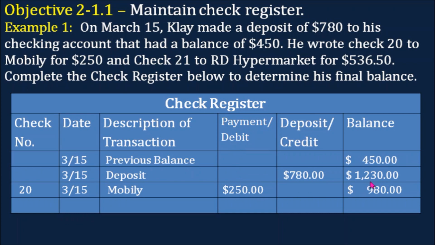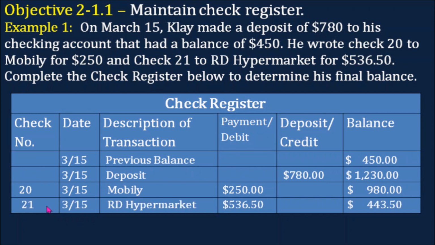Now this amount will be subtracted from the previous balance, $1,230. So that gives us a new balance of $980. Then again we have another transaction here. So check 21 is written to RD Hypermarket for $536.50.